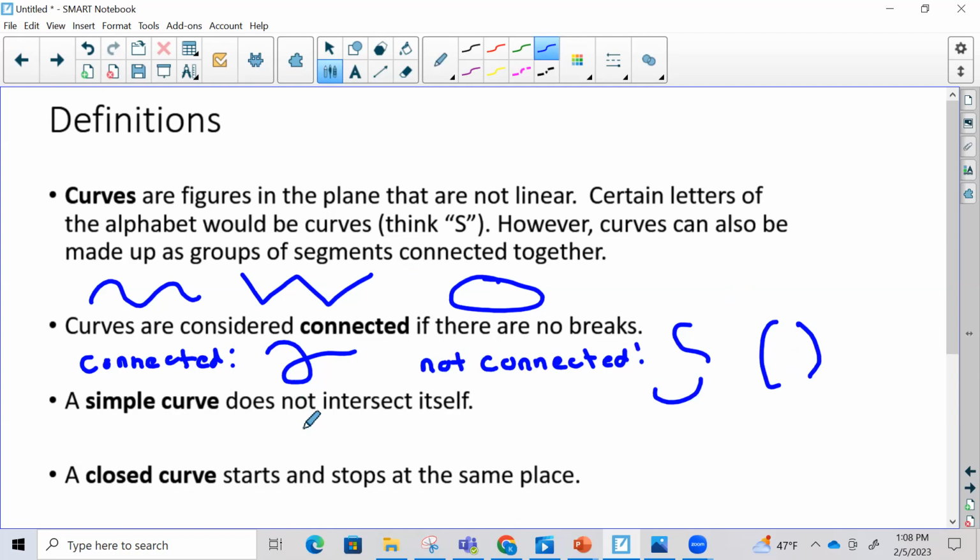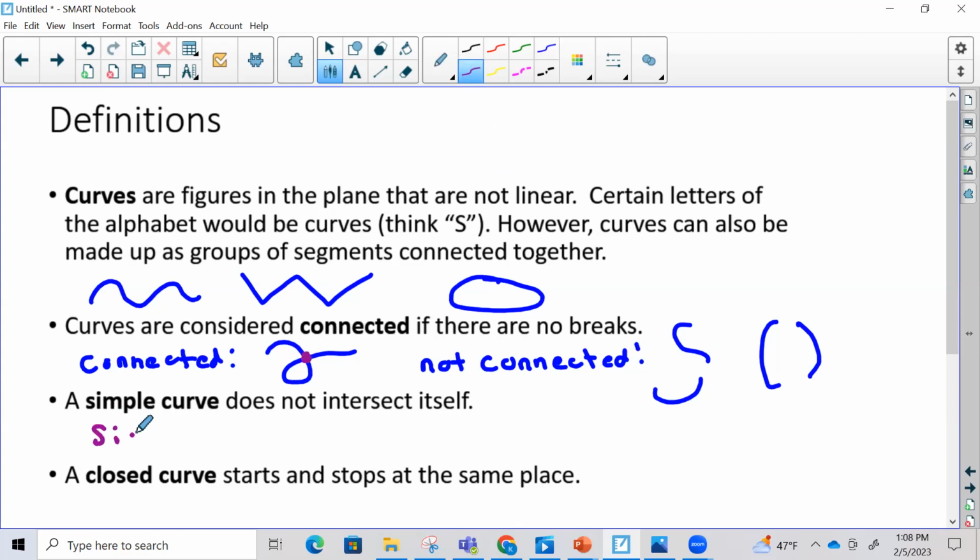And then we have a simple curve, and a simple curve does not intersect itself. So these first three that I made would be simple curves. These two would be simple curves, but this one would not, because it has this intersection point here.